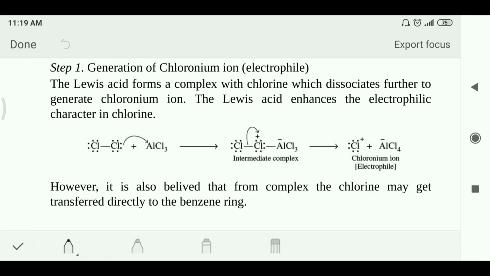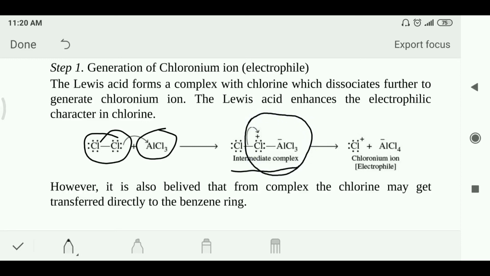Now how are these chloronium ions formed? Okay, we know that the Cl2 chlorine molecule is attached with the Lewis acid AlCl3 or FeCl3, whatever that is. First, they will combine with each other and form one intermediate complex. We can see in that figure there is a removal of electrons like this. You can see that the chlorine has 6 electrons and one positive charge.